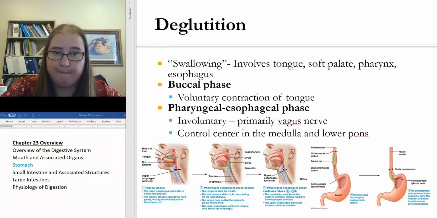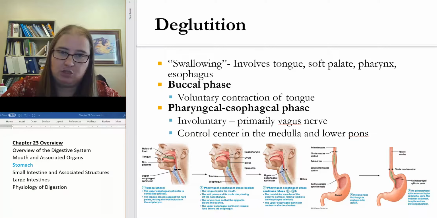So this bolus enters the oropharynx region, and then as the tongue blocks regurgitation, the involuntary reflexive response takes over.